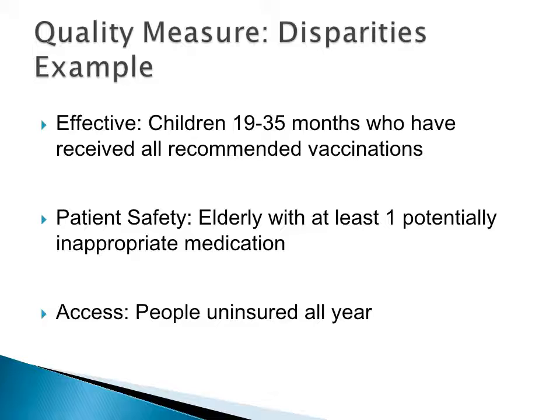But one of the things that I'm passionate about is eliminating health disparities, and here are some examples. For effectiveness, children aged 19 to 35 months who have received all their recommended vaccinations. For patient safety, elders with potentially inappropriate medications. And the percentage of people who are uninsured for an entire year.